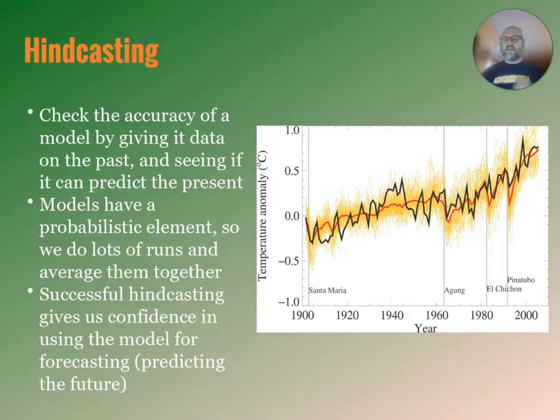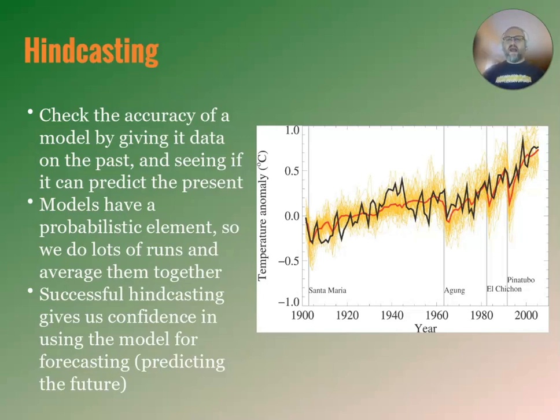All of the yellow lines on this graph are the individual model runs. Each individual time we ran this model, and I think this was based on 100 model runs, each of those 100 is its own little yellow line there. Then the thicker red line is the average from all of those model runs. You can see it's following down the center of where those yellow lines are clustered.